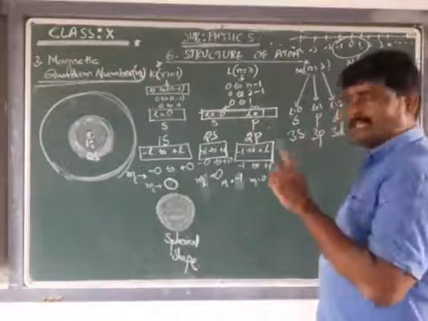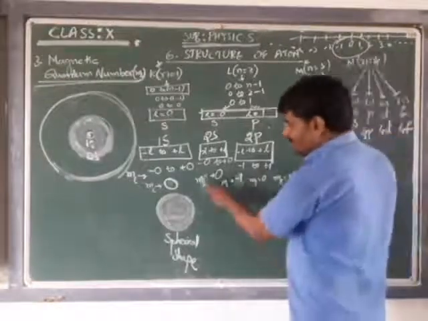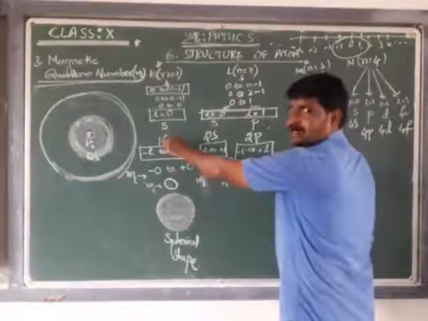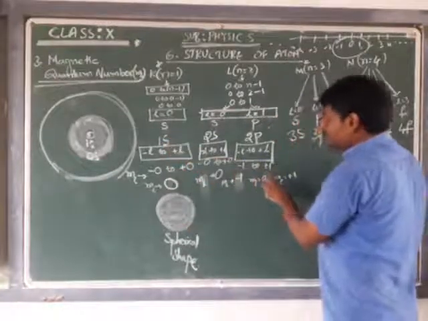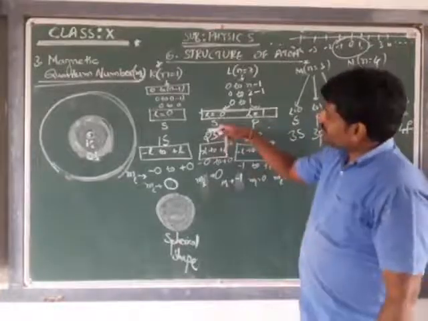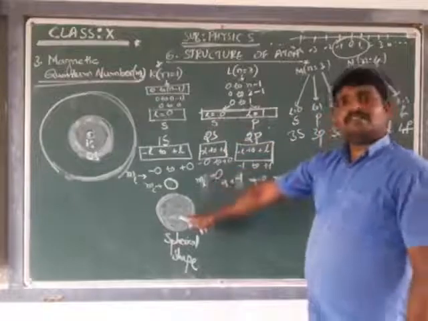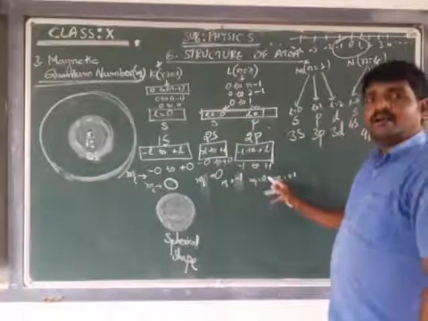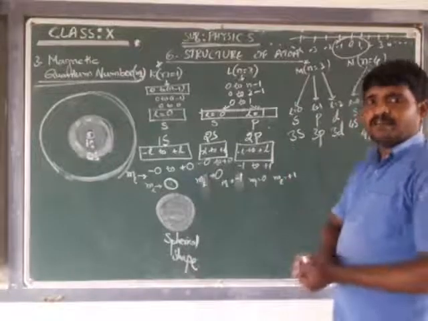One thing, don't get confused. If Ml is equal to 0 for the S subshell, it is spherical. But if Ml is equal to 0 for the P subshell, it is not spherical. How it is, that's what we are going to discuss.